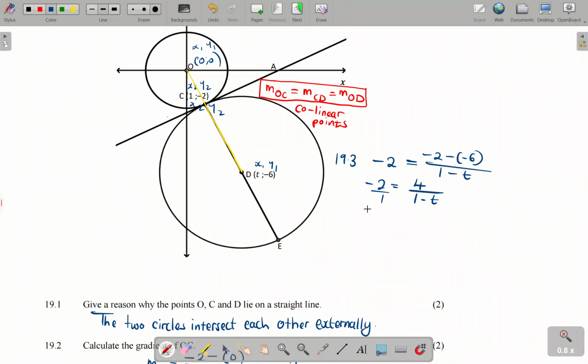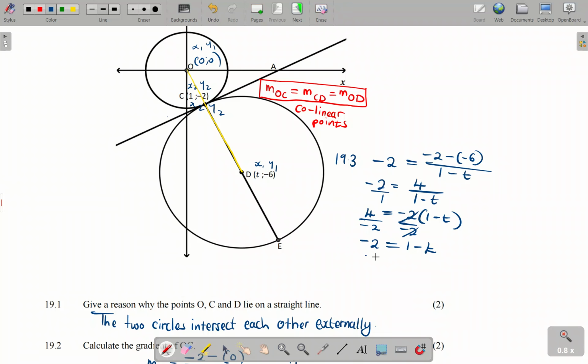Do the cross multiplication. You'll have 4 equals -2 into 1 minus t. So now you can either multiply in or divide. I'm just going to divide. 4 divided by -2 will give me -2, and then I'll have 1 minus t.